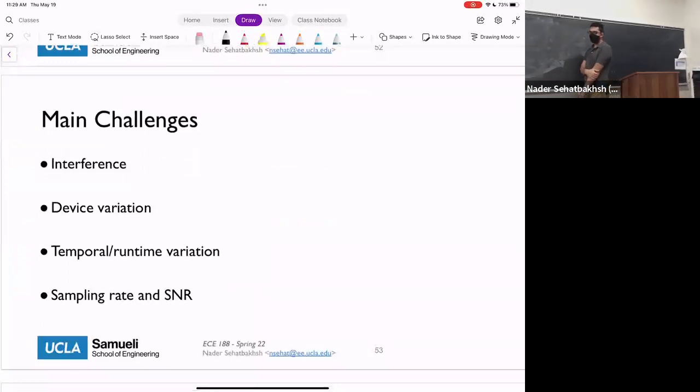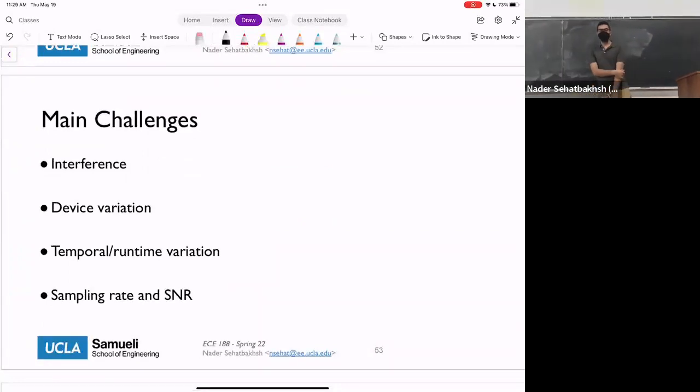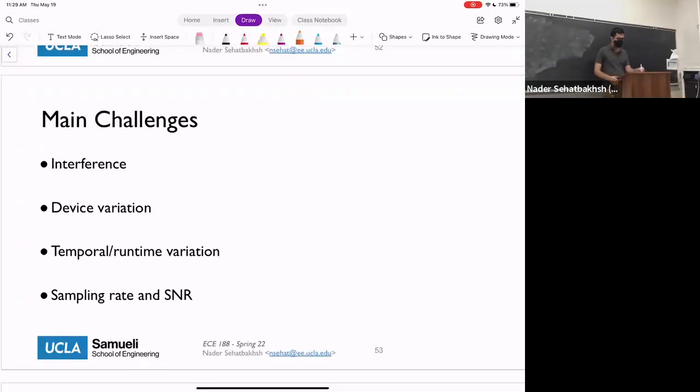And then the final thing about the template analysis is that although we say that you can get a physical replica of the device that we want to look at, in reality, from one device to another device, there is some sort of variation.